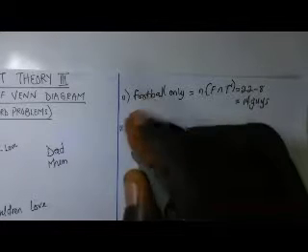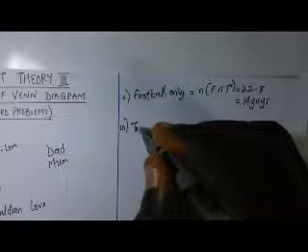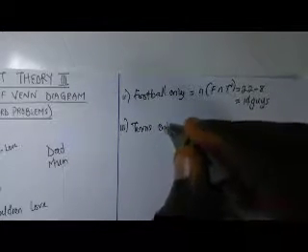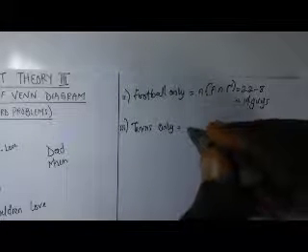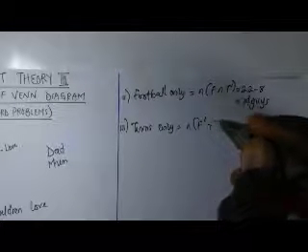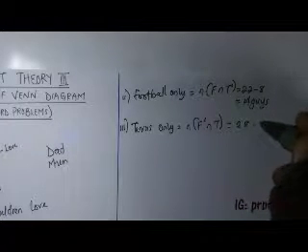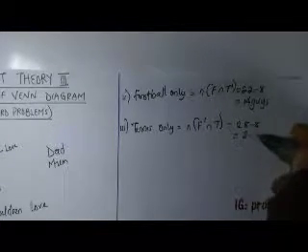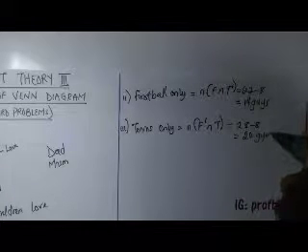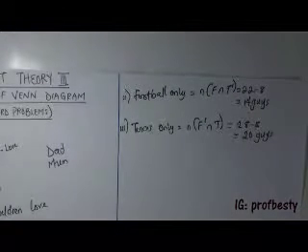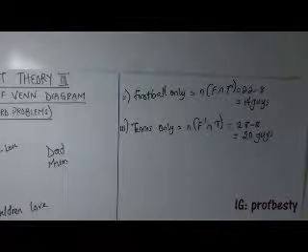The third says tennis only. Tennis only means no football, just tennis, and that is 28 minus 8, which is 20 guys. I hope you understand and I hope you got it well.